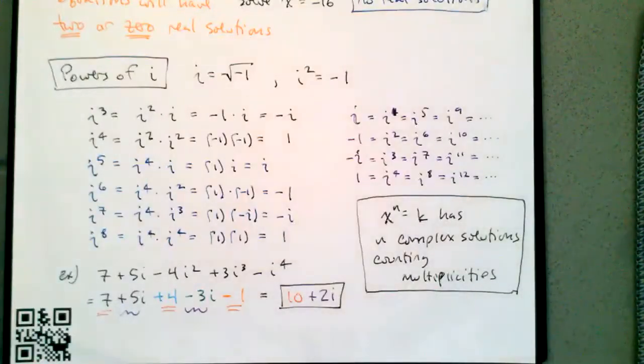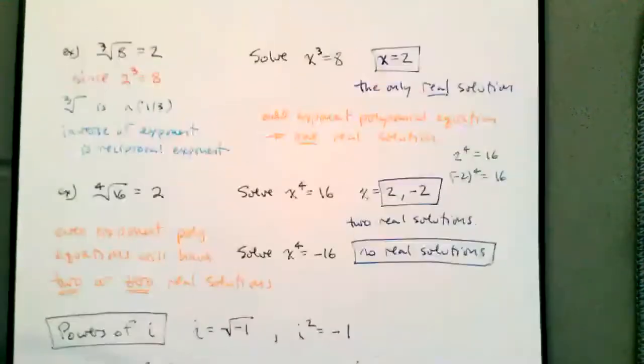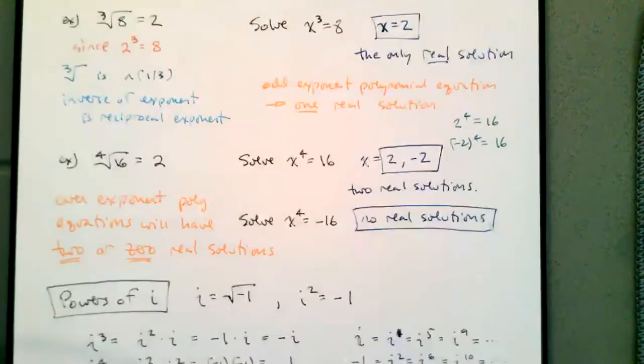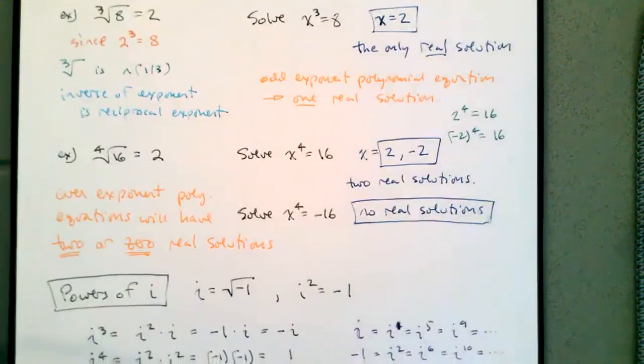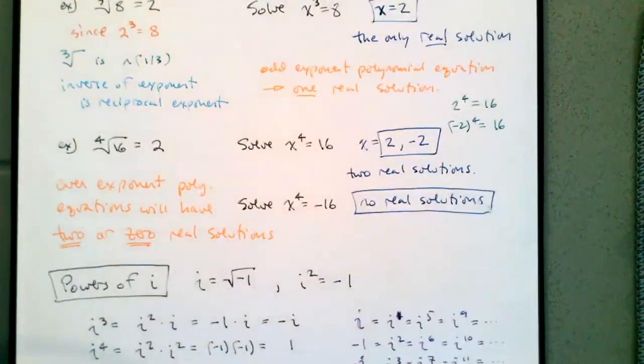So we focus a lot on the real solutions. X to the third equals 8 has one real solution. X to the fourth equals 16 has two real solutions. X to the fourth equals negative 16 has no real solutions. But there are complex solutions.